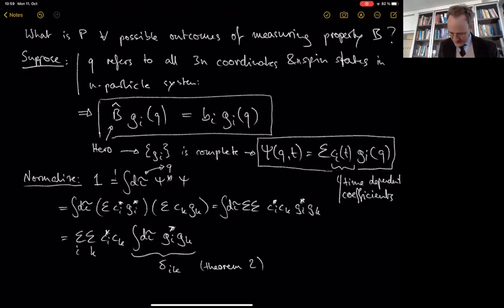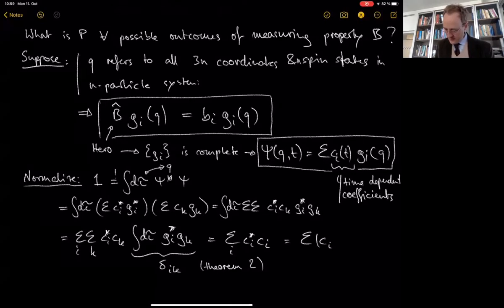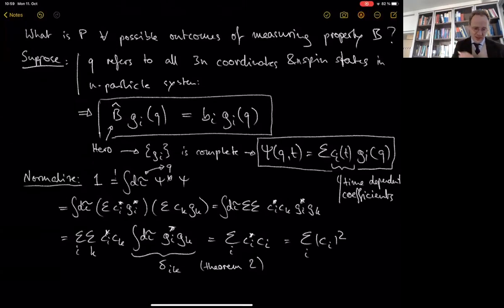So what this means is that you just have the sum over c_i, okay? I could have taken k just as well, it doesn't matter. It's just a different index. And that's, of course, simply the square, right? And that whole thing must be 1.